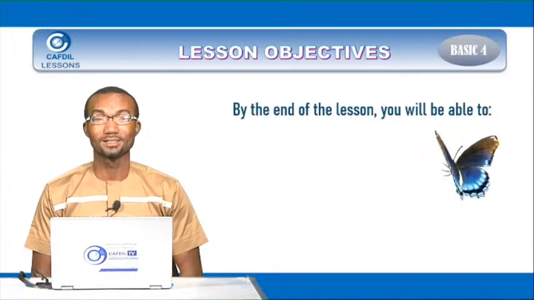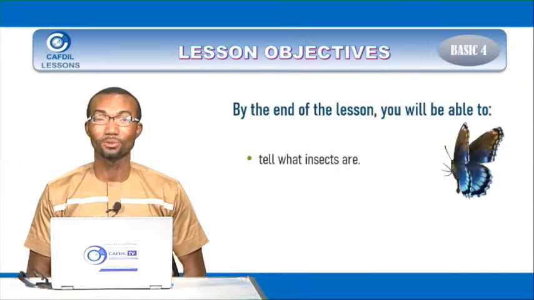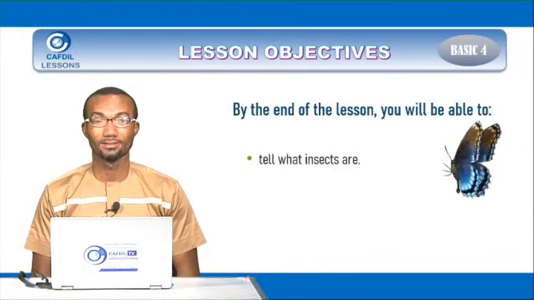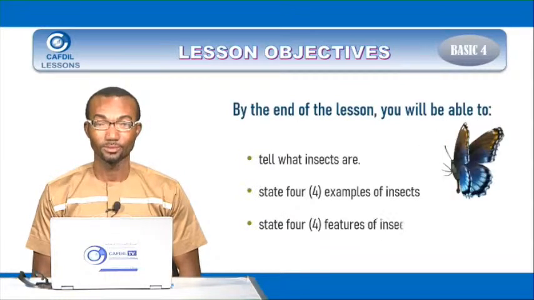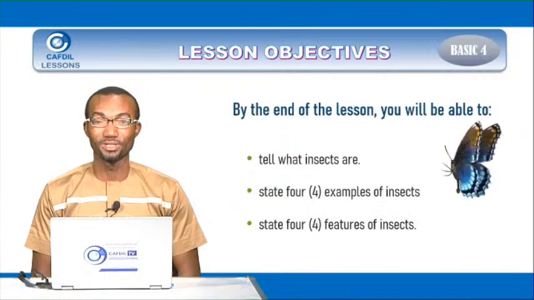Let's look at our lesson objectives for the lesson. By the end of the lesson, you will be able to: 1. Tell what insects are. 2. State 4 examples of insects. 3.